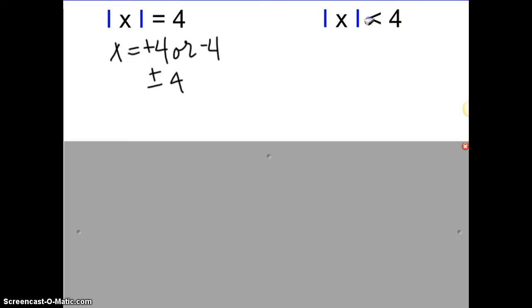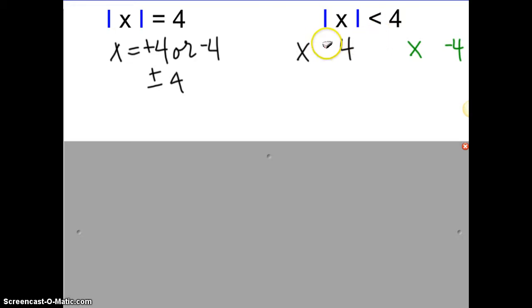Now we're going to take that and we're going to put an inequality sign in between. So I look at this and I say, all right, there's still two things basically that could satisfy the x. x could be 4 and x could be negative 4. The problem is we can't just put an equal sign in. This time we've got this guy right here.